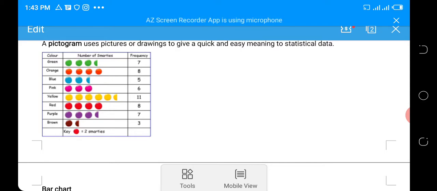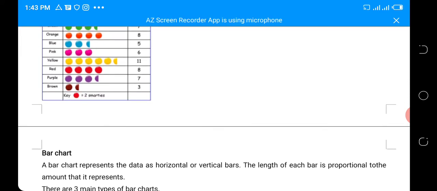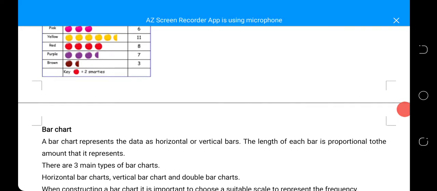For red, we have 4 circles to represent 8 Smarties. And for purple, we have 3.5 to represent 7 Smarties. And lastly, for brown, we have 1.5 to represent 3 Smarties.